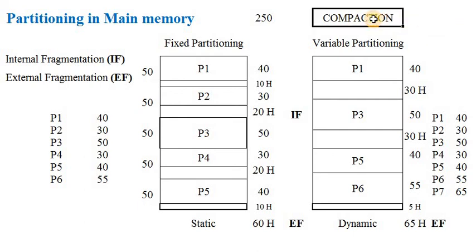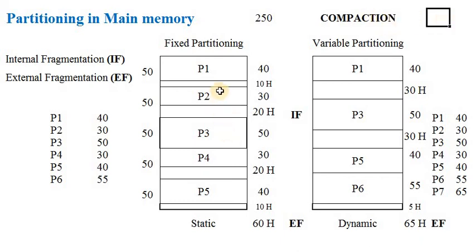How can you overcome this external fragmentation here? Let us see. Suppose a process is there like P6 with the size 55. This 55 can be accommodated in the main memory. How will it happen? Using the compaction technique, you can pull all these holes together downwards: pull 10 downwards, 20 downwards, 20 downwards, and you can make a large hole at the end with the size 60.